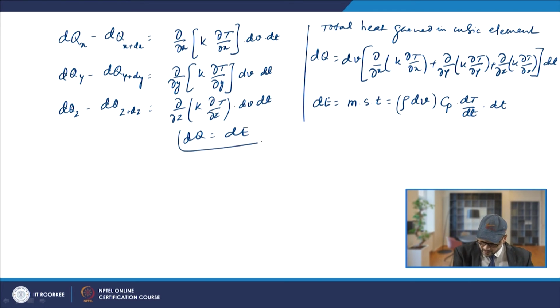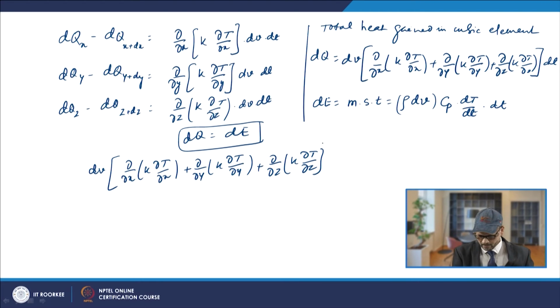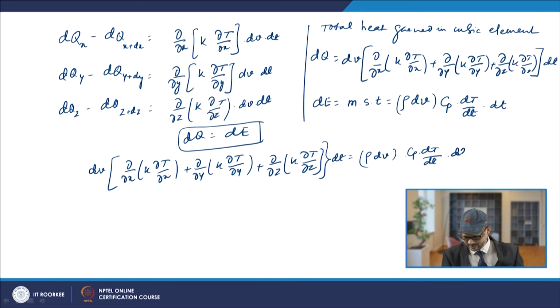If you do that, you will get the expression: dV into dou by dou x of k dou T by dou x, plus dou by dou y of k dou T by dou y, plus dou by dou z of k dou T by dou z, and that will be the same as rho dV Cp dT by dt.